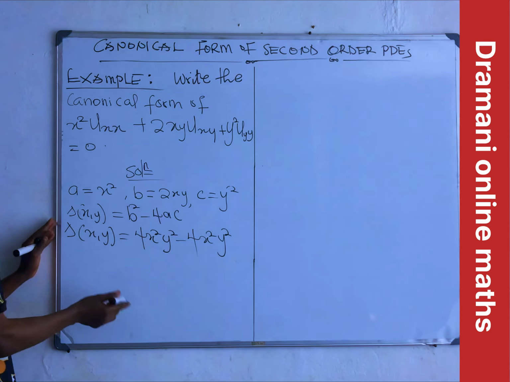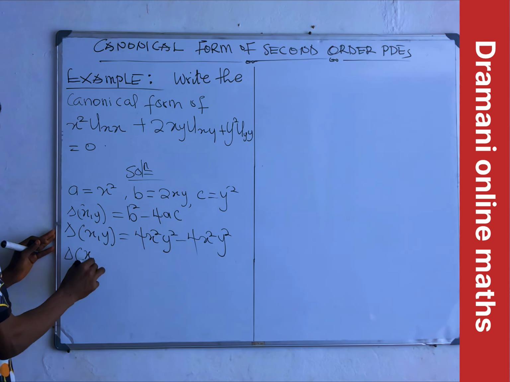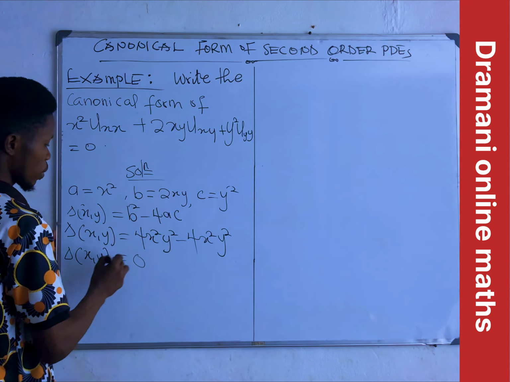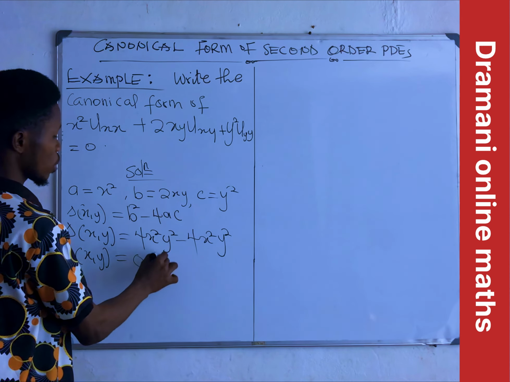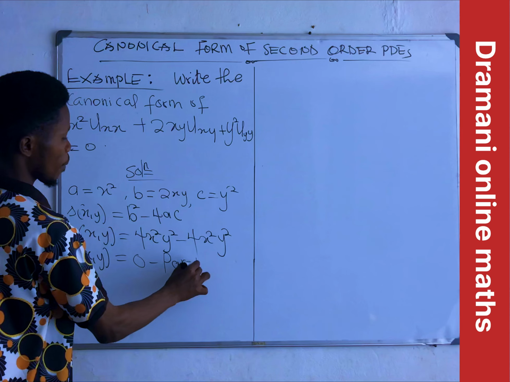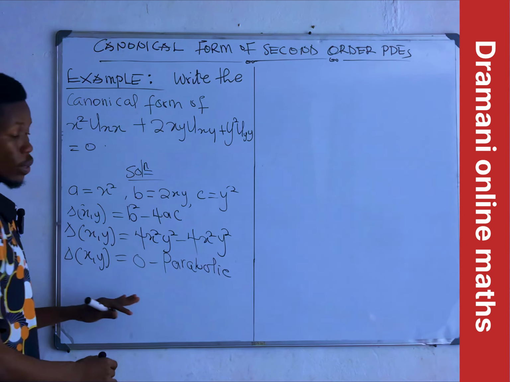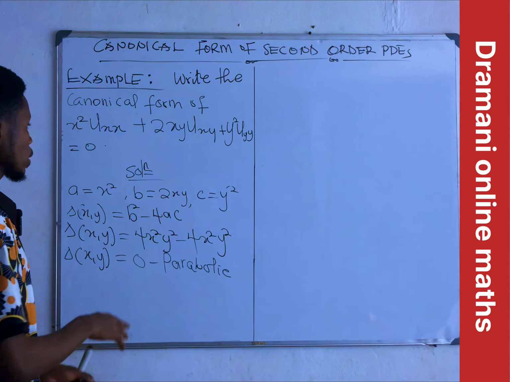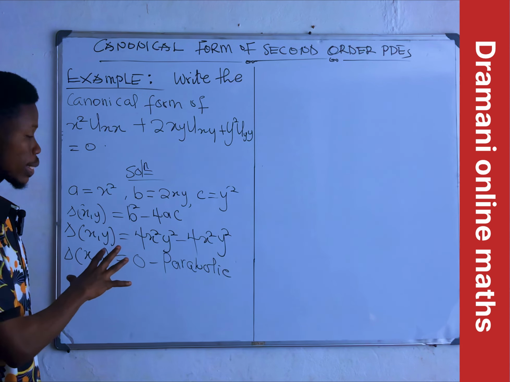You see, this and that are the same. So when you subtract them, we are going to have 0. And when something is 0, it is what? Parabolic. Is that okay? So this is parabolic.